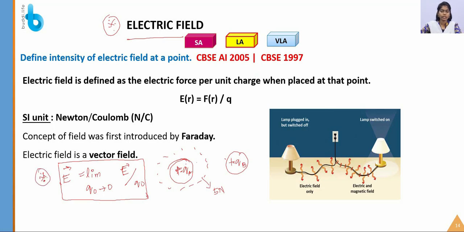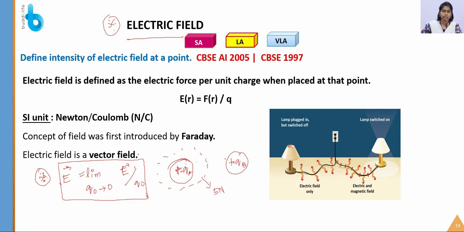In the previous question paper also they have asked, define the intensity of the electric field at a point. It is a similar question which asks about the electric field: define electric field, and also write the formula or derivation for the electric field. You have to write this formula, which is E vector is equal to the limit q naught tends to 0, of F vector divided by q naught.